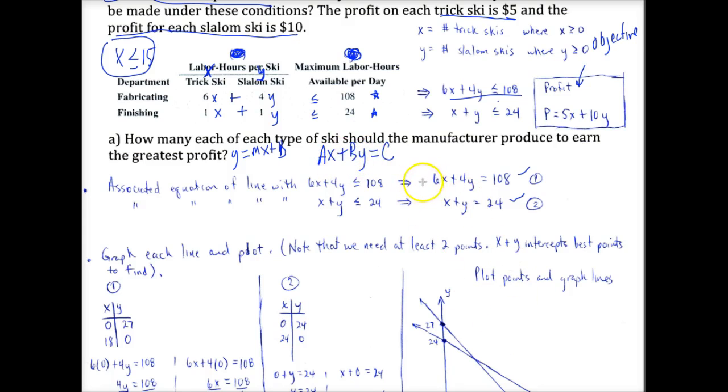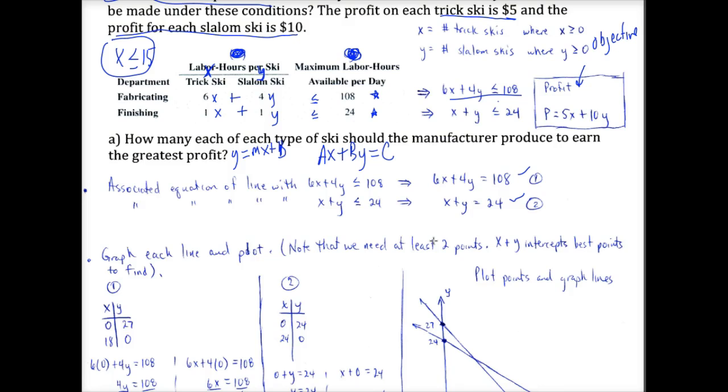Okay, so we're going to graph these lines and see how everything works, and then from the graph we're going to look at what's called the feasibility region, and from that feasibility region we will be able to figure out what possible values of x and y, those combinations, would be viable solutions.